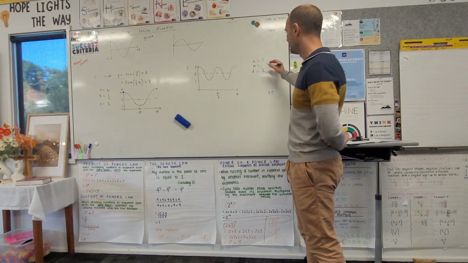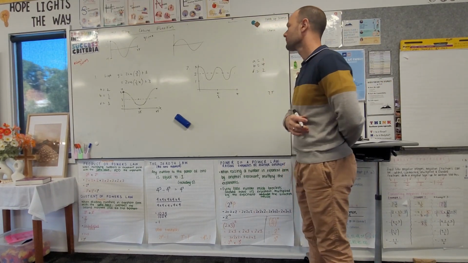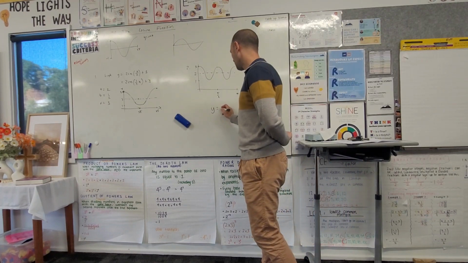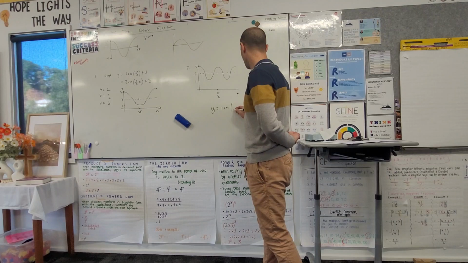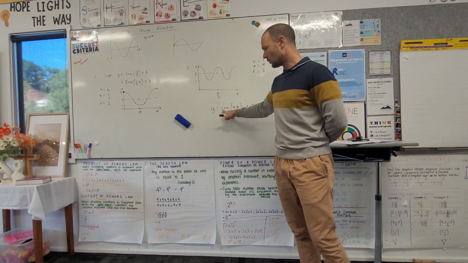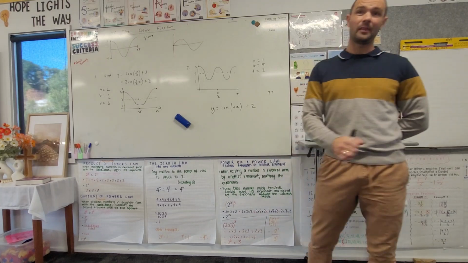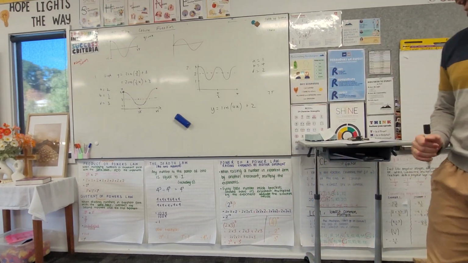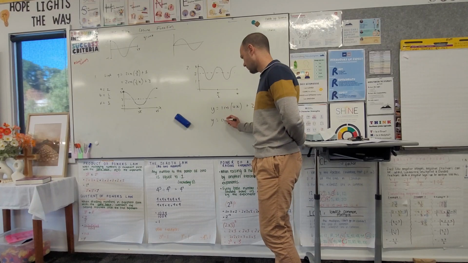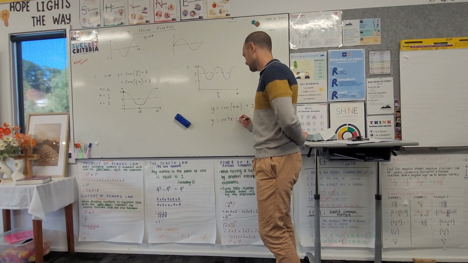So our value of b is 4. So the equation of this function then is y equals 1 cos of 4x plus 2. And we don't technically need that 1 at the front there, but I'm just putting it there to show you that's where the amplitude goes. So if we graph y equals cos of 4x plus 2.